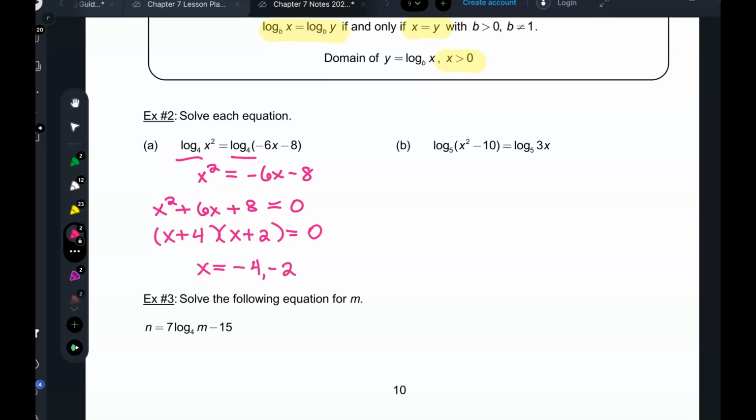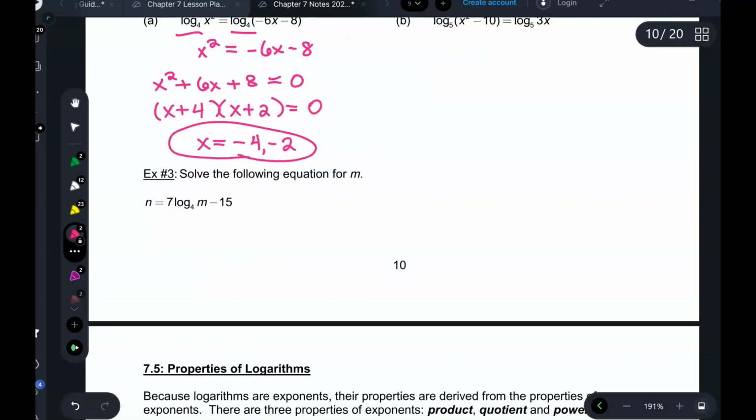That just means when I plug it back in, I can't have a negative number. But if I plug it back in and I get a positive, then we're okay. So do both of these values work when I plug them back in? They both work, because if I plug in -2, I'll get positive 4 here. If I plug in -2 here, that'll give me 12 minus 8, which gives me 4. So they both work.